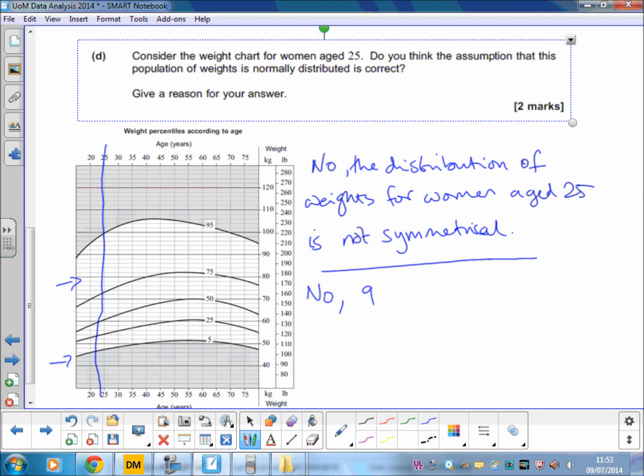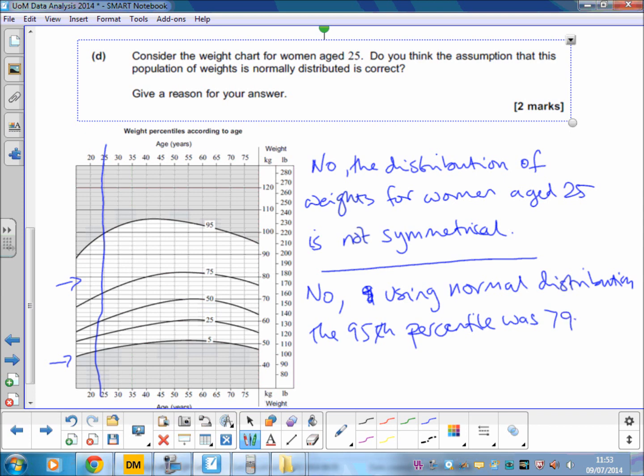You worked out according to the normal distribution, so using the normal distribution, the 95th percentile was 79.8 kilograms, but on the chart, so if you look on the chart, the 95th percentile for women of this age is 100 kilograms.